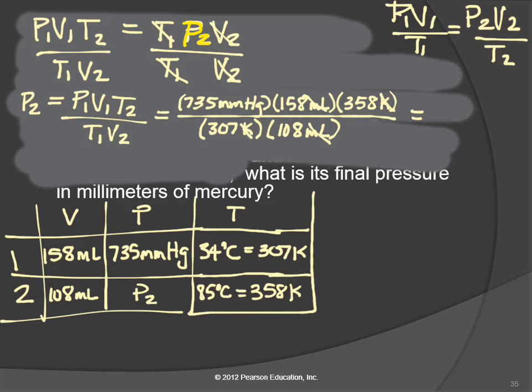Now I'm going to multiply by the things on the top, 735 times 158 times 358, and I'm going to divide by 307, and I'm going to divide by 108, and I'm going to come up with a big number, 1253.9 millimeters of mercury.